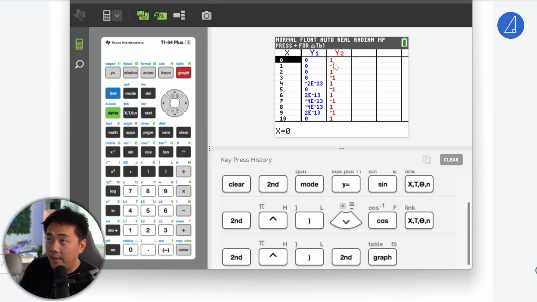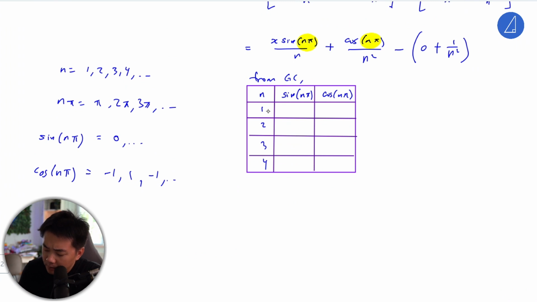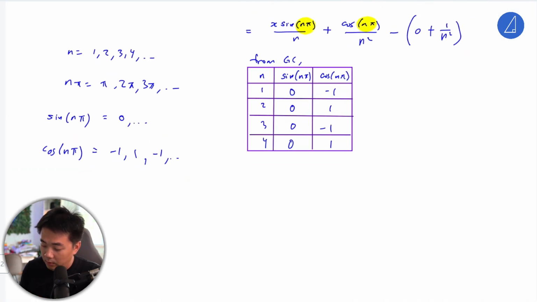For cosine n pi, it starts with -1, then 1, -1, 1. So when n is odd, it is -1. When n is even, it will be 1. That's how we do it.